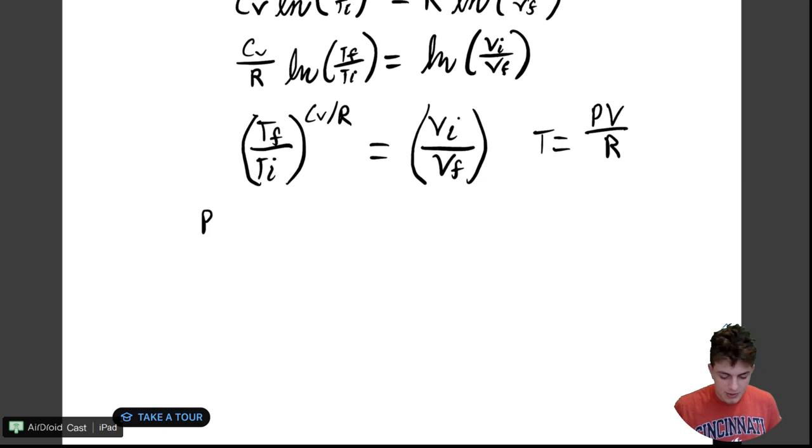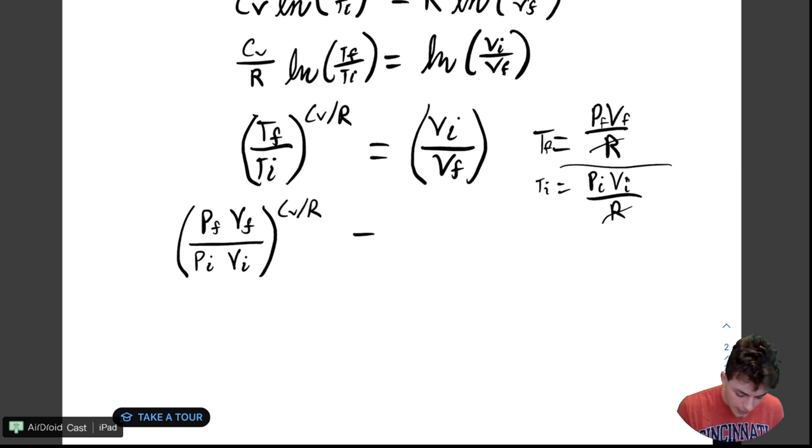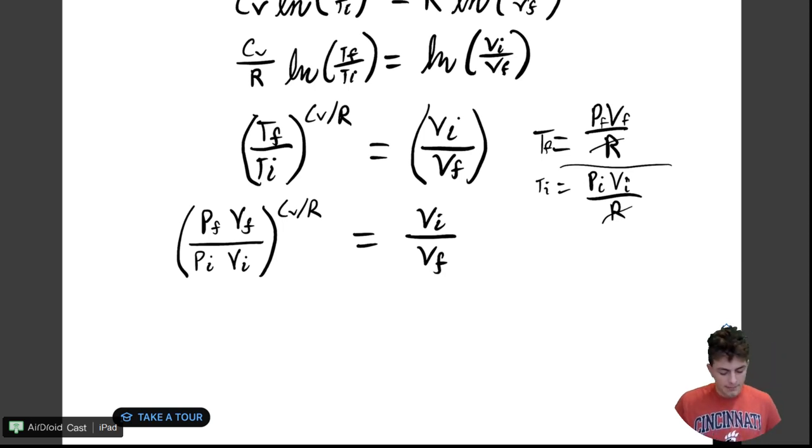If I divide a temperature by a temperature, I'll go ahead and say this is Tf, and then Ti would be the initial pressure, the initial volume over the gas constant. If I divide these two by one another, this gas constant is going to cancel, and I will be left with this expression here.